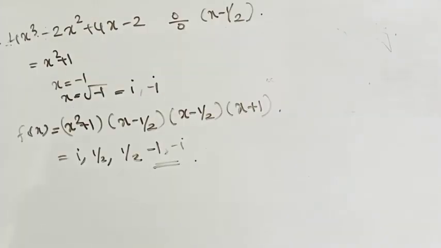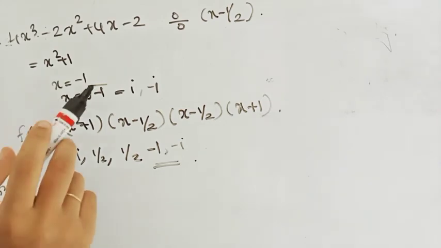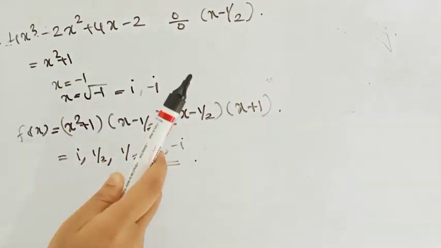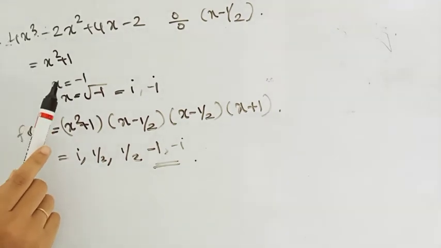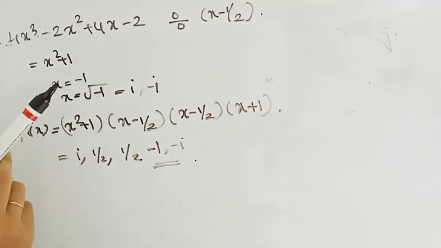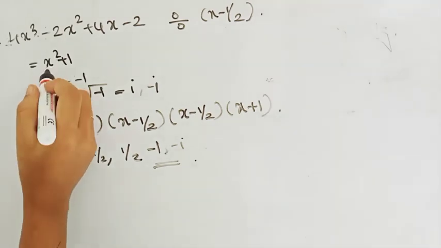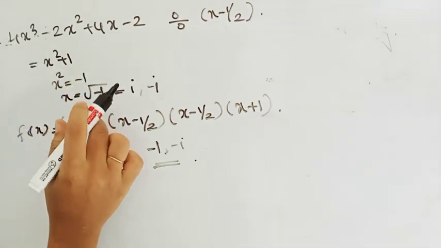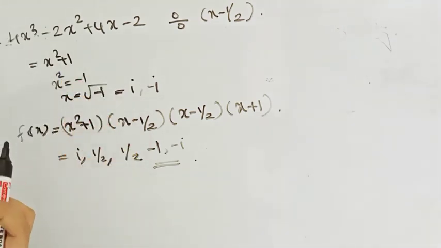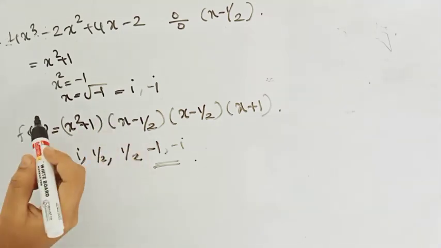Then divide 4x cube minus 2x square plus 4x minus 2 by x minus 1 by 2. Since 1 by 2 is a root, we will get x square plus 1. If x square plus 1 is 0, then x square is equal to minus 1, and x is equal to plus or minus root of minus 1. We will get two values, i and minus i.